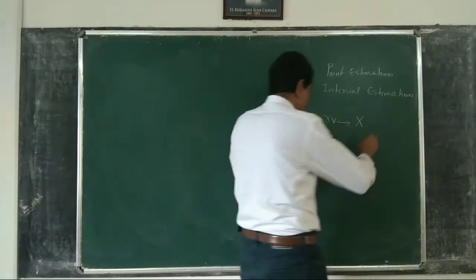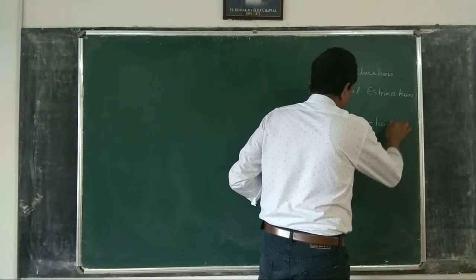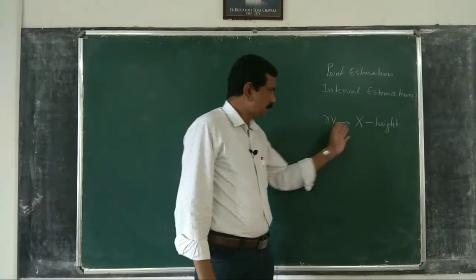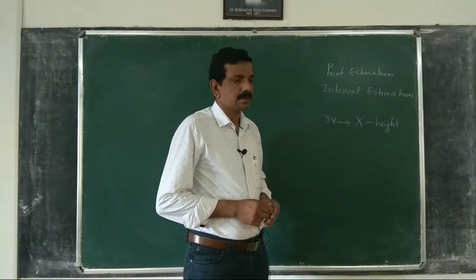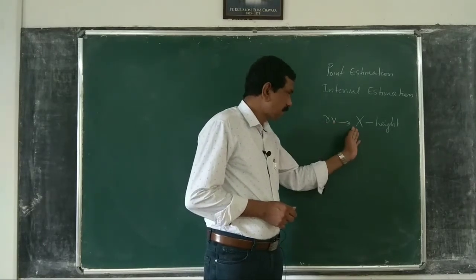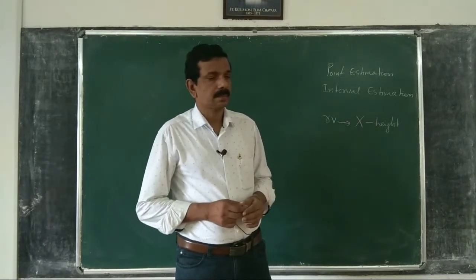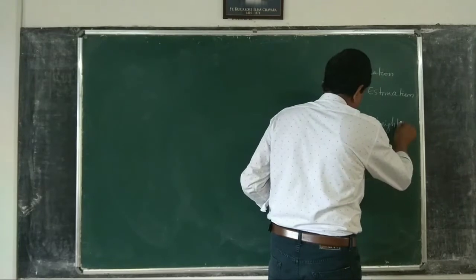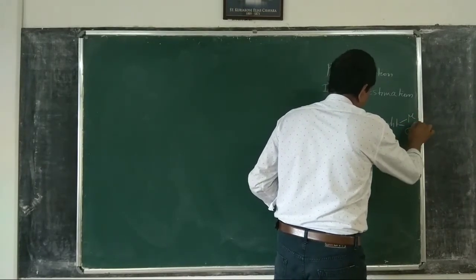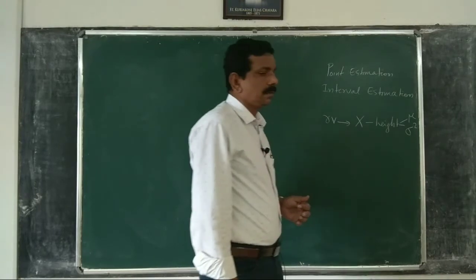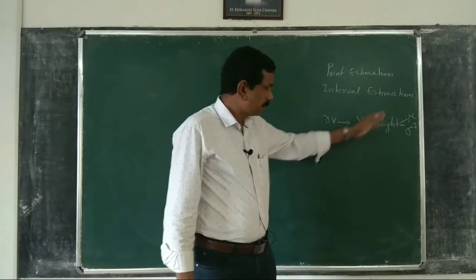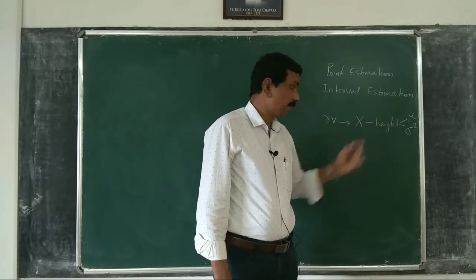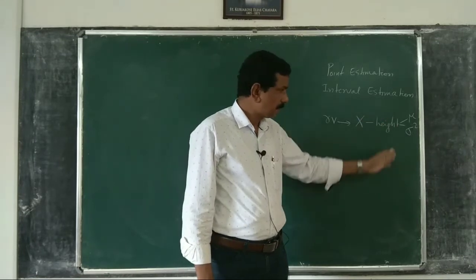Say random variable x, height of the population, follows a certain distribution, such as the random variable x is normally distributed with the parameters mu and sigma square. But we do not know its parameters. We know that the random variable height is normally distributed, but the parameters are unknown.